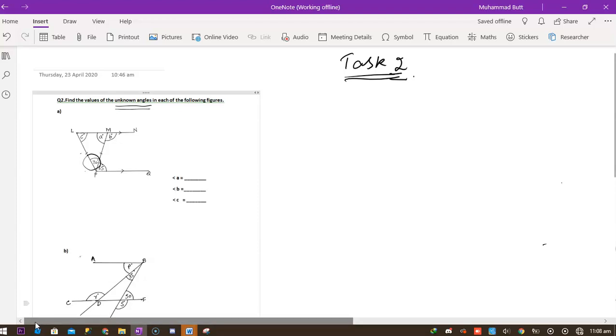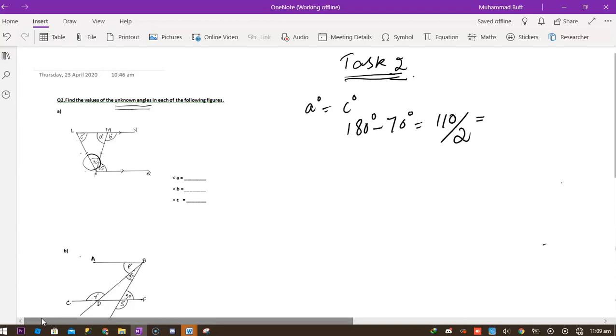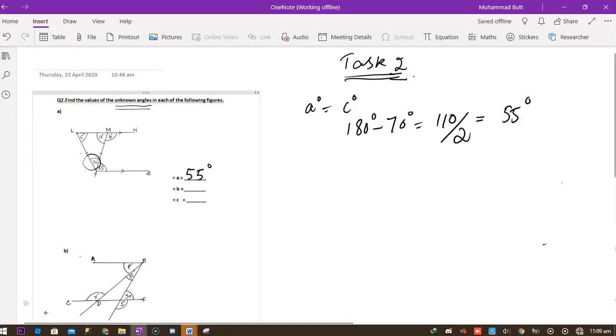So angle A is equal to angle C. When we have to find out angle A, that would be 180 minus 70, 110. 110 will be divided between two angles, and it will be 55. So angle A over here is 55 degrees. Angle C is the same as angle A, so it will also be 55 degrees.